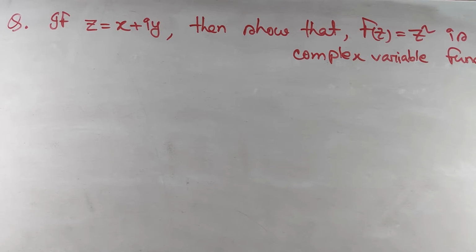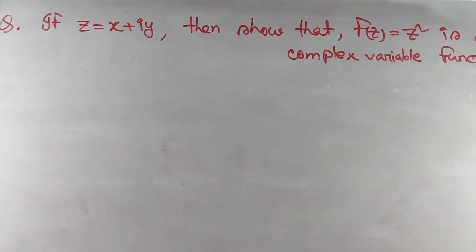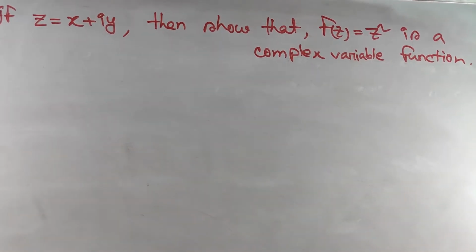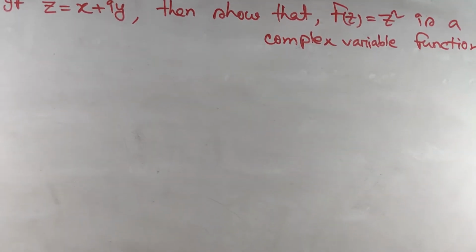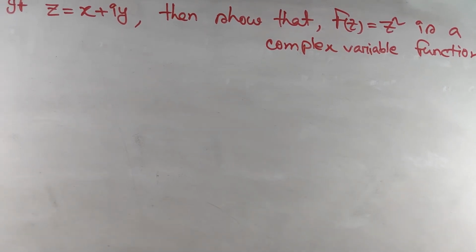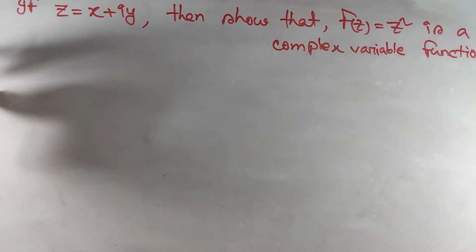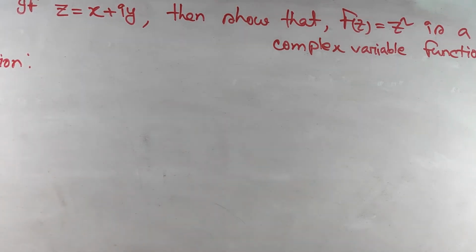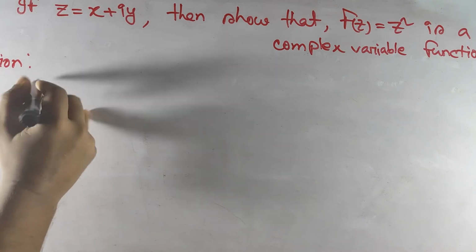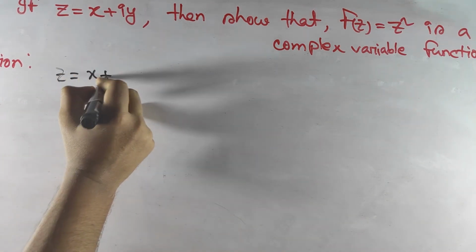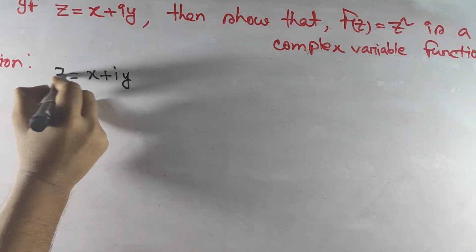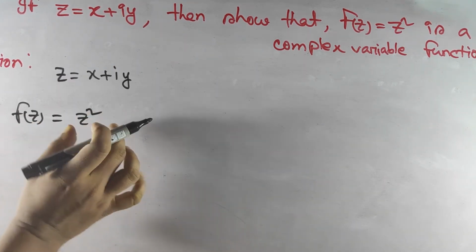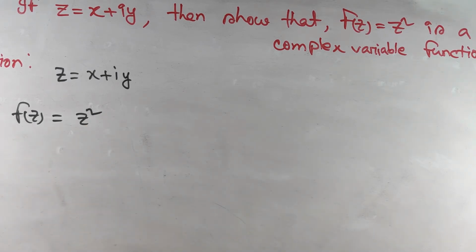Now a question: if z = x + iy, then show that f(z) = z² is a complex variable function. Okay, solution. Given z = x + iy, we need to prove f(z) = z² is a complex variable function.